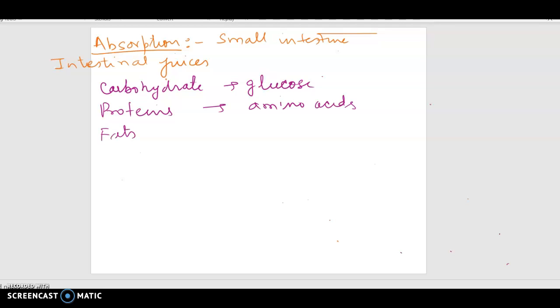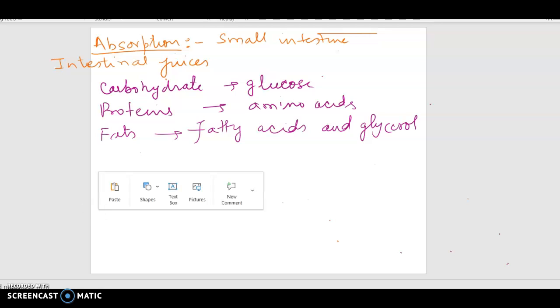Fats are broken down into fatty acids and glycerol. So in this way, by the process of digestion, all these carbohydrates, proteins and fats, which are complex forms, are broken into simpler forms.